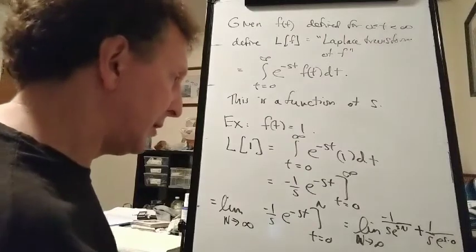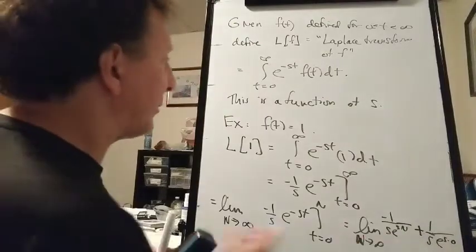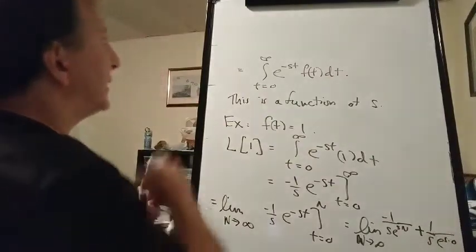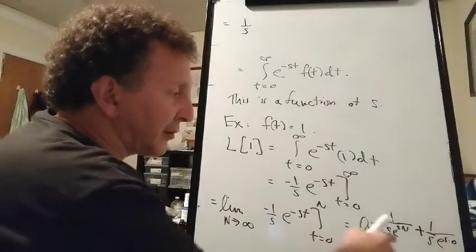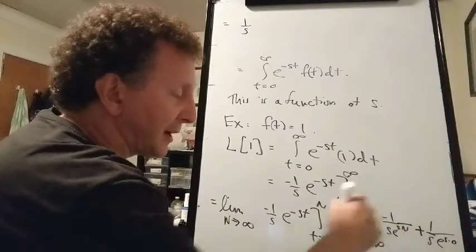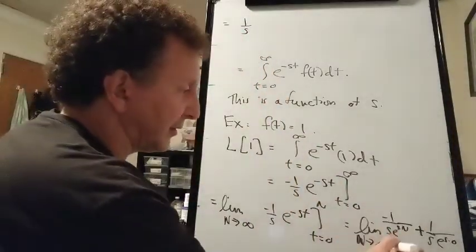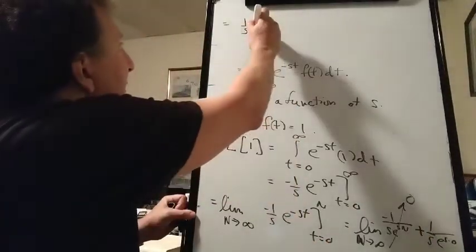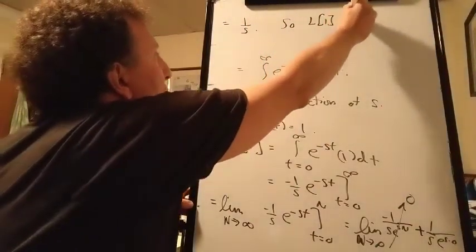Now e to the 0 is 1, so we're left with 1 over s, and then whatever happens to the first limit. As n goes to infinity, this exponential in the denominator goes to infinity, and the fraction goes to 0. So the Laplace transform of 1 is just 1 over s.